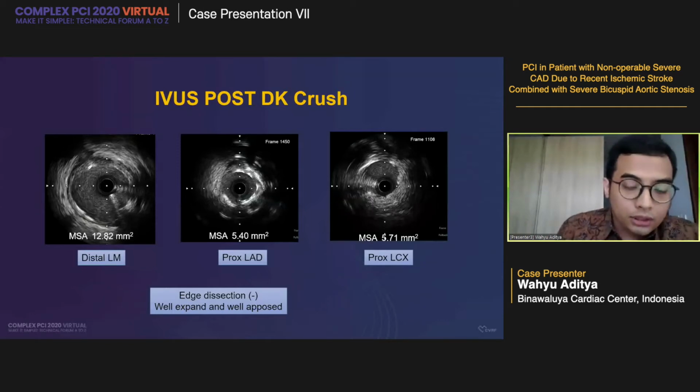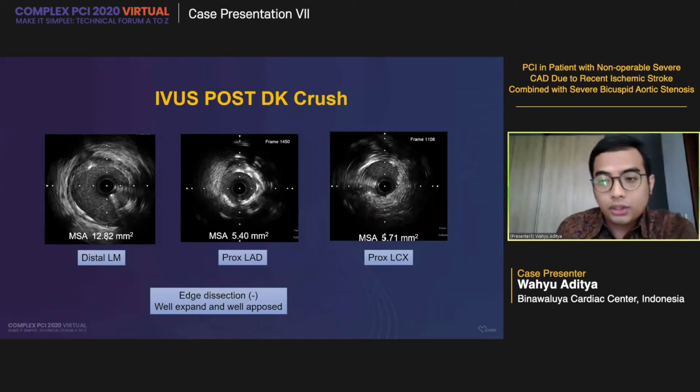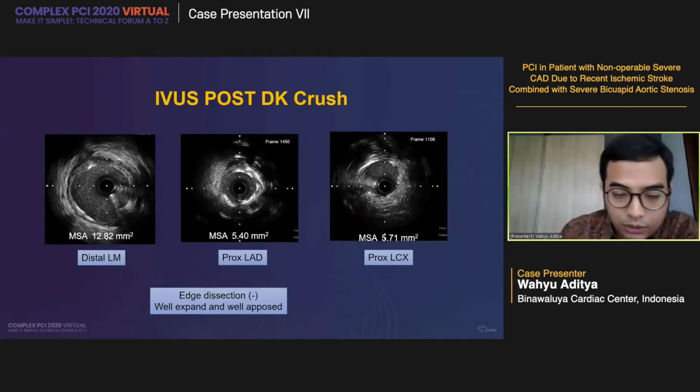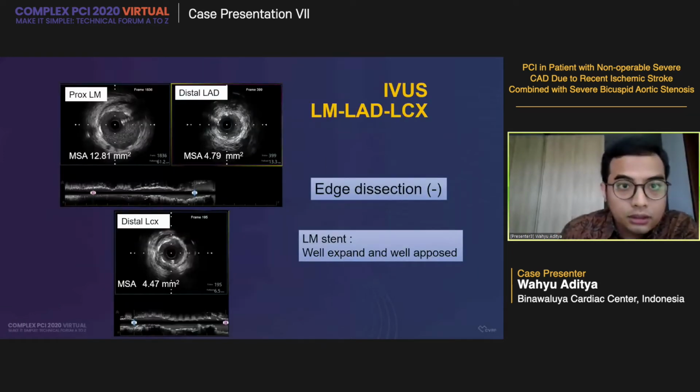In the distal left main we got 12.8 millimeter, in the proximal LAD we got 5.4, and in the proximal LCX we got 5.7 millimeters, no edge dissections, stent well expanded and well apposed. In the proximal left main, MSA is 12.8, distal LAD is 4.7, distal LCX is 4.4.